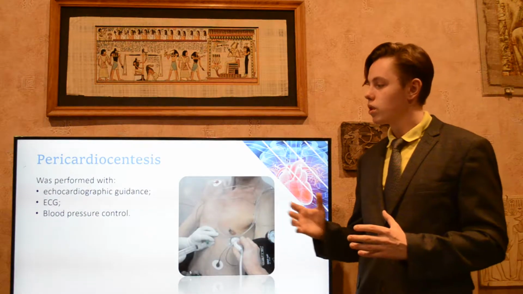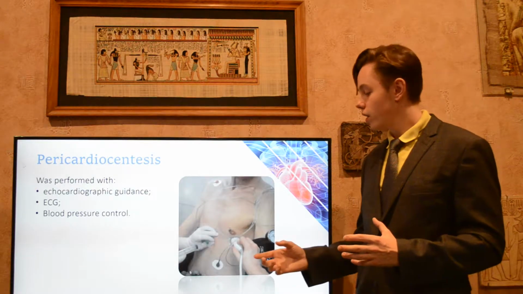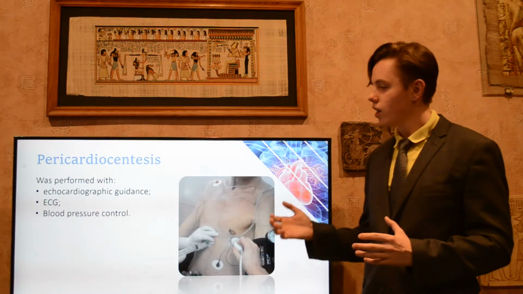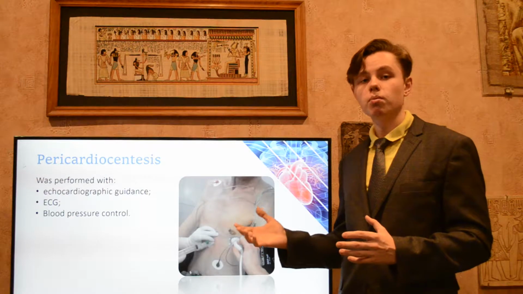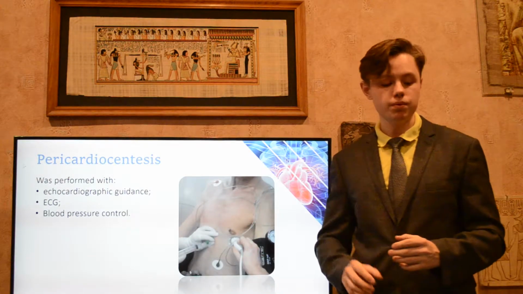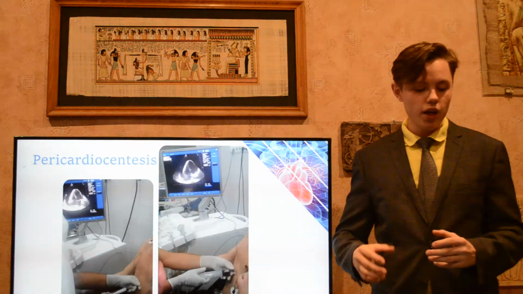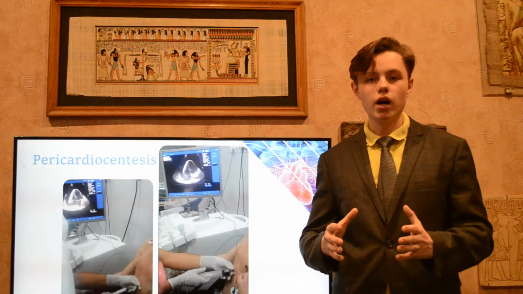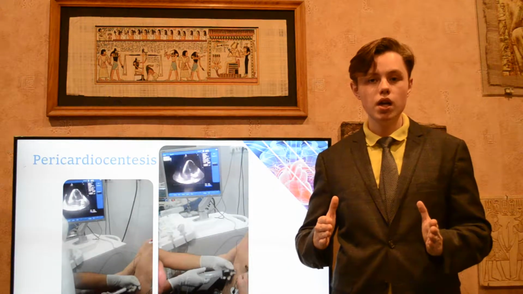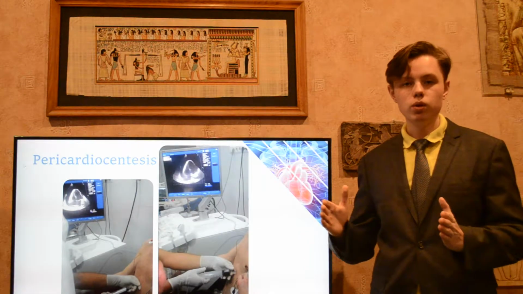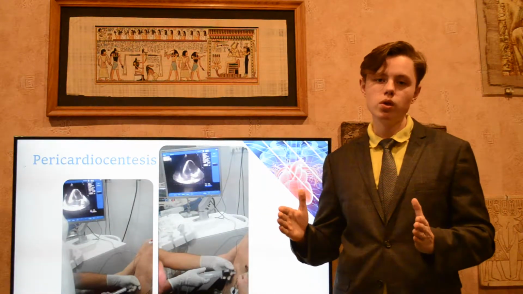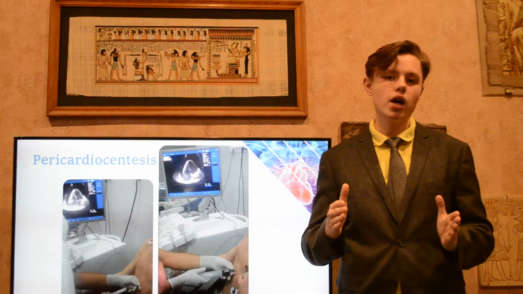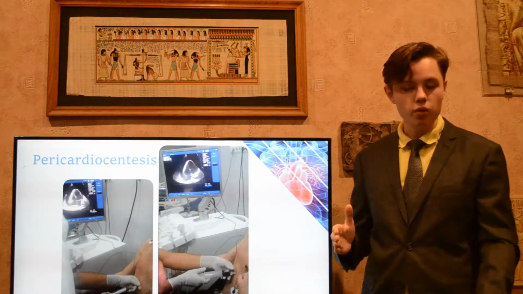It was performed with echocardiographic guidance and under ECG and blood pressure control. Here you can see the procedure in process, and the character of the fluid which was effused from the pericardial cavity was hemorrhagic.